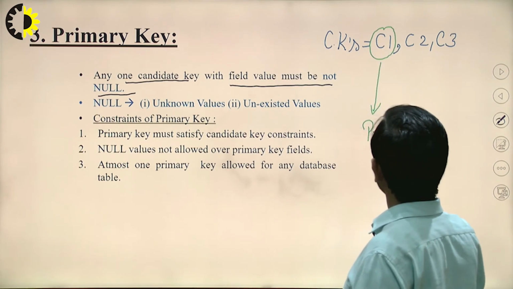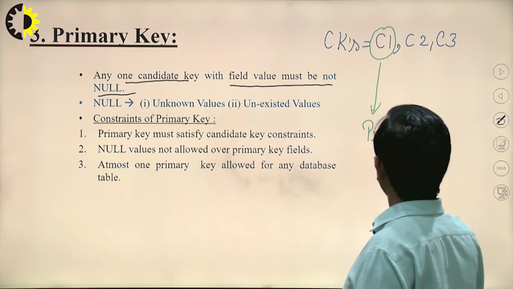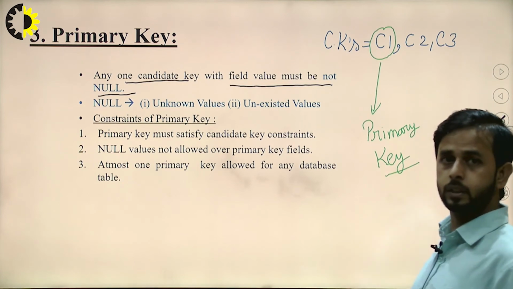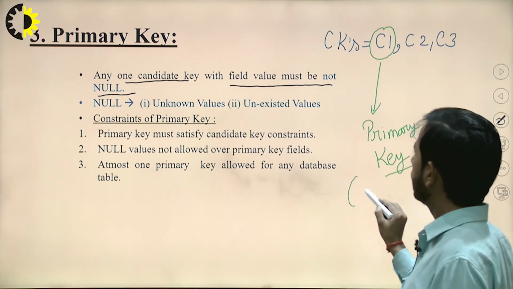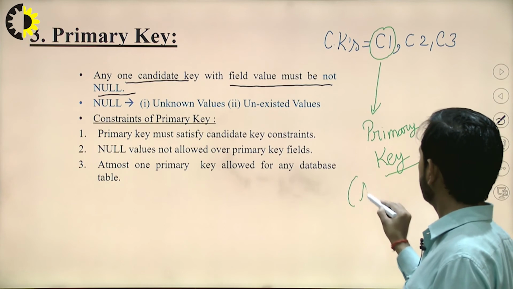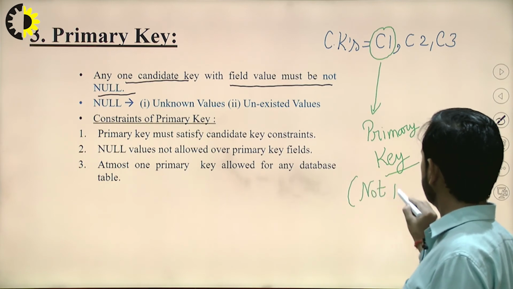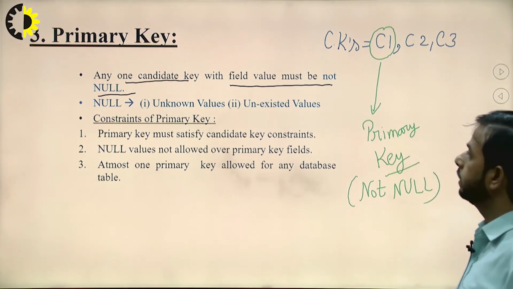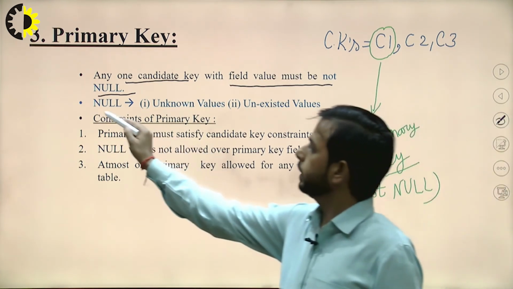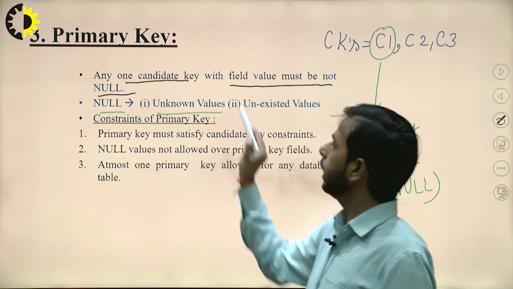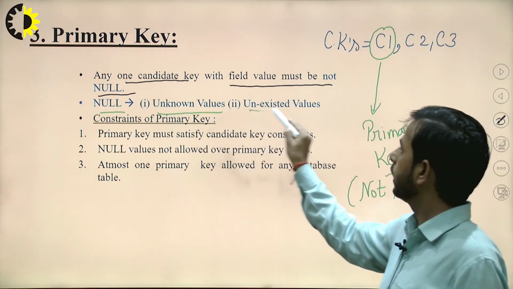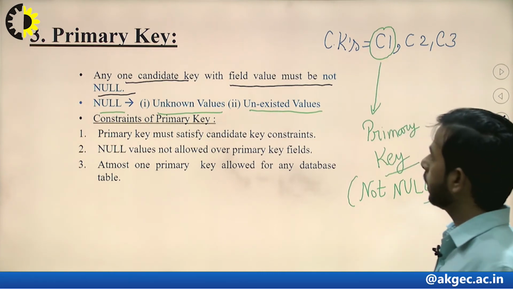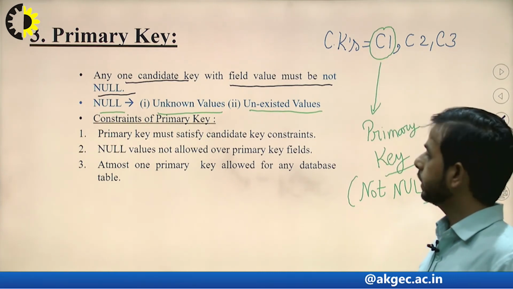The primary key does not have any null value. So what do we mean by null? Null values are unknown values or non-existent values.